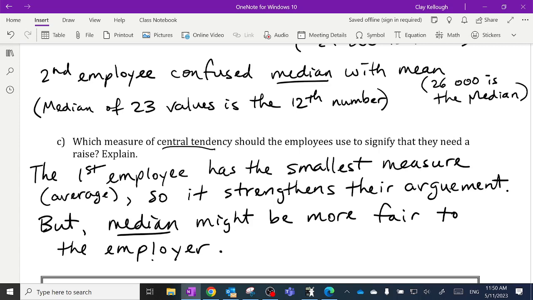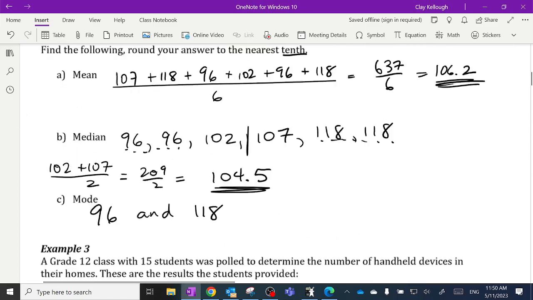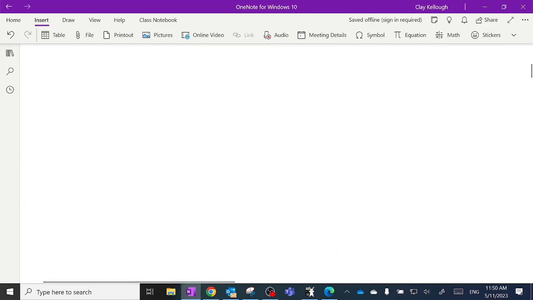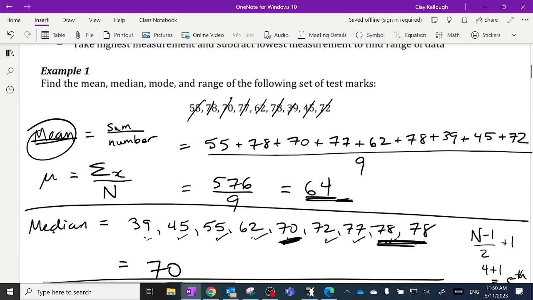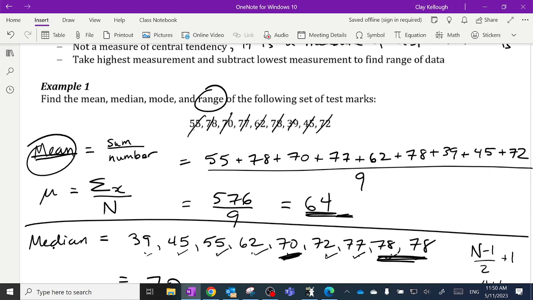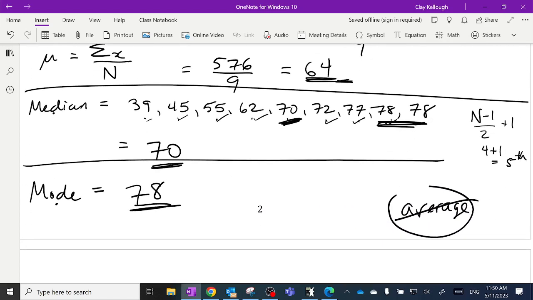Okay? I just realized just now, we're going to go back real quick to example 1. I missed part of the question for example 1. What did I forget to do? Look at the question. Can everybody go back to example 1 real quick? Oops, that's too far. It said find the mean, median, mode. Oops, forgot to do the range. So what's the range of my data?